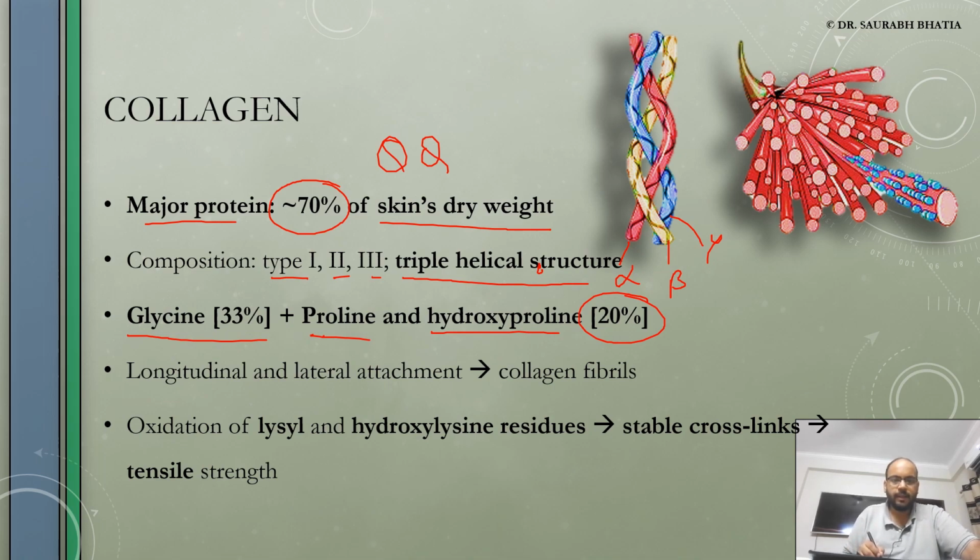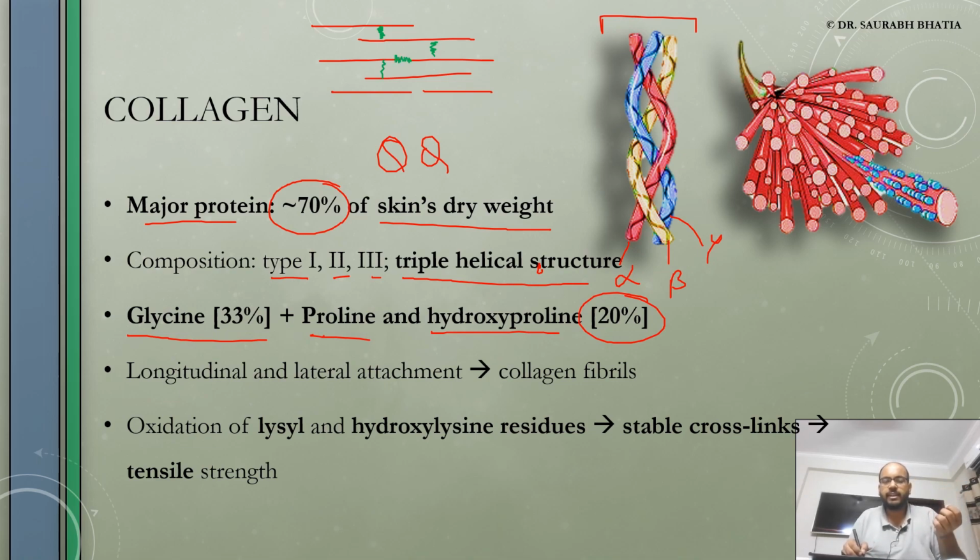Clear? Now, when a collagen fiber is formed, for example, this is a collagen fiber, it attaches itself to other collagen fibers longitudinally and laterally. Now, what do we mean by that? It means that, let's say these are the collagen fibers, and it will attach laterally like this from the sides and also longitudinally, that is from the ends.